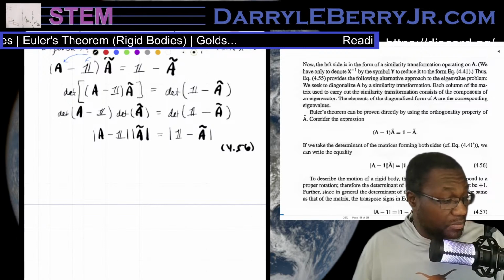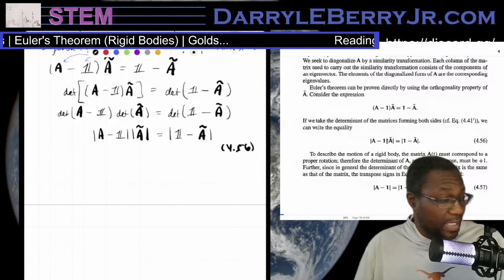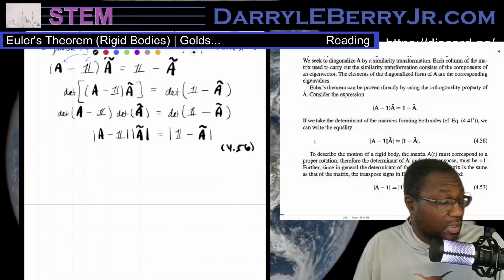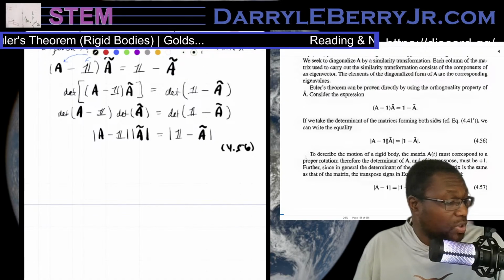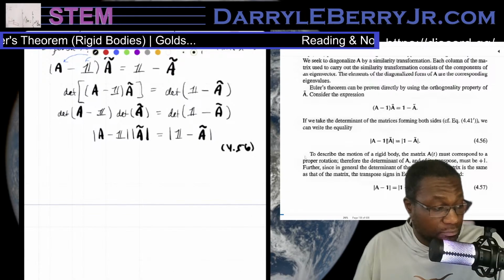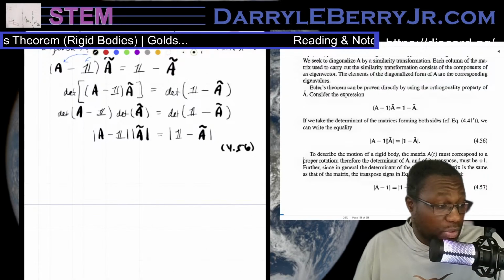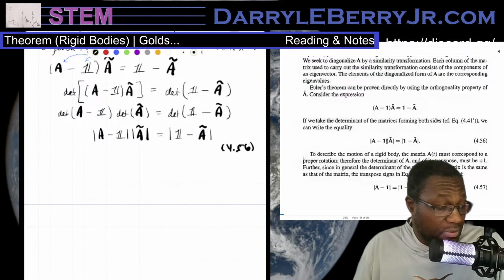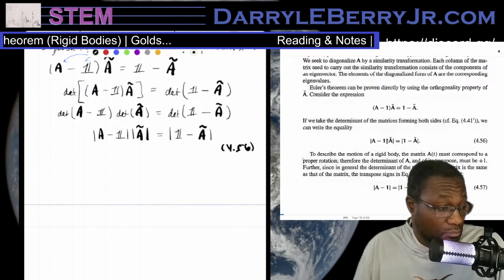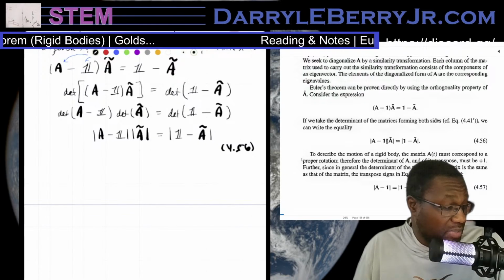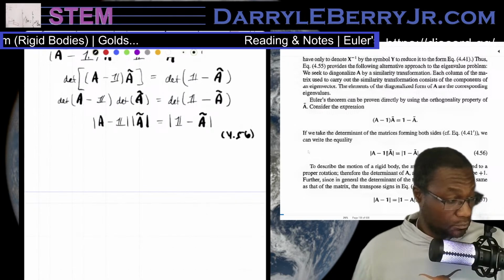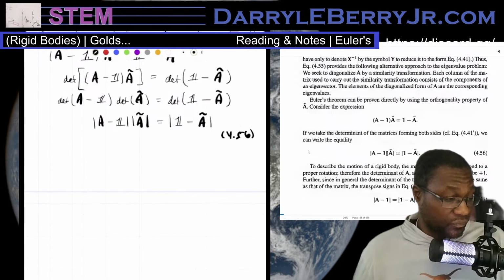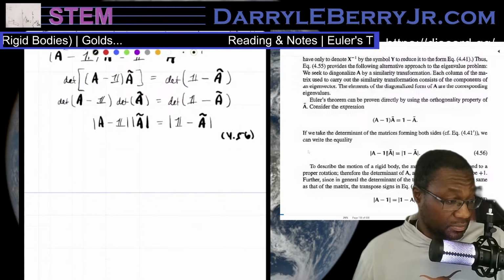To describe the motion of a rigid body, the matrix A at time t must correspond to a proper rotation. Therefore, the determinant of A and of its transpose must be +1. Further, since in general the determinant of the transpose of a matrix is the same as that of the matrix, the transpose signs of equation 4.59 can be removed.